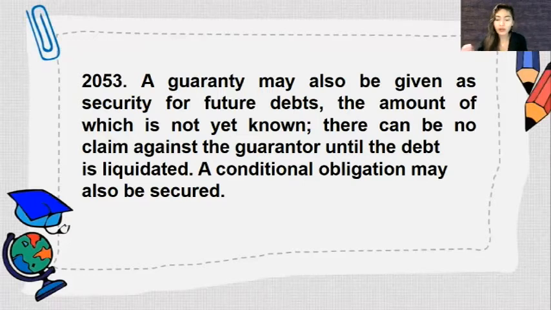So it covers all the transactions, including those arising in the future, which are within the description or the contemplation of the contract of guarantee until the expiration or termination thereof.